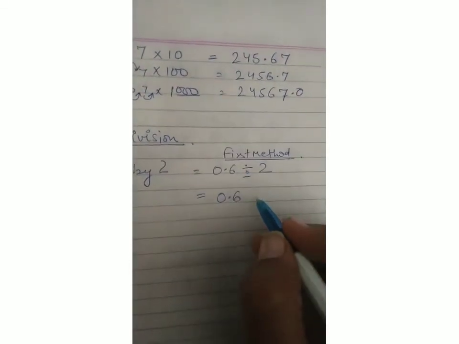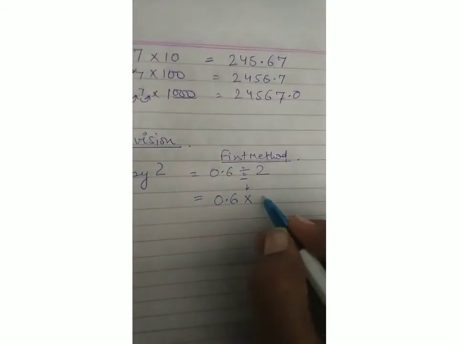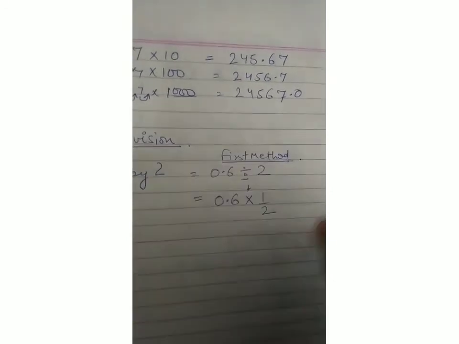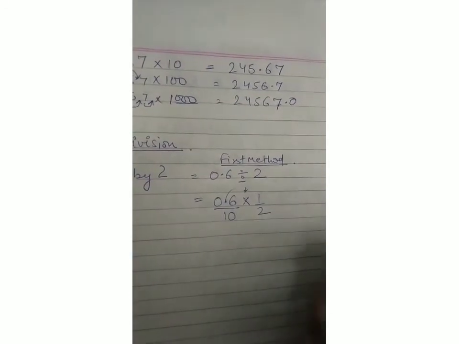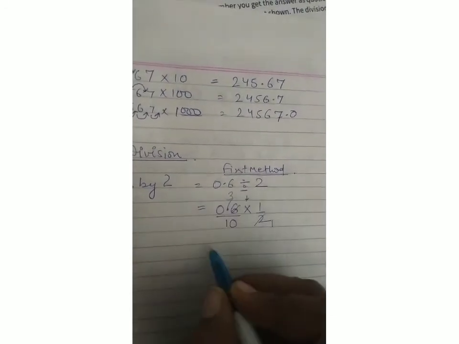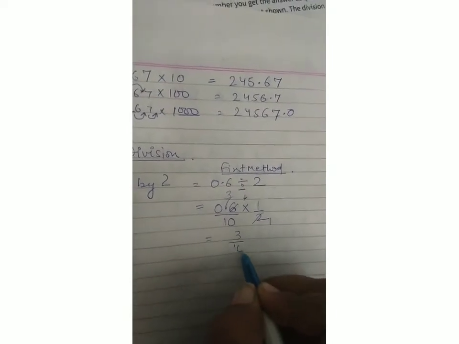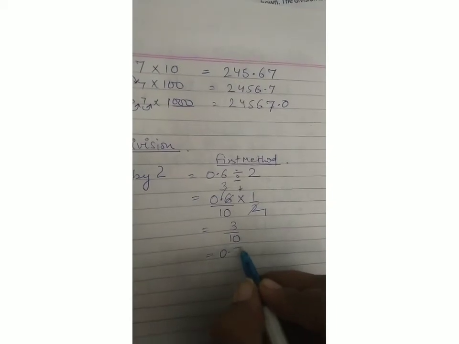You know multiplication and division are inverses of each other. When I convert it into multiplication, 2 will go down and it becomes 1 upon 2. When I remove its decimal, 10 will come over here. Then I can cut these numbers. 2 ones are 2, 2 threes are 6. So my answer will become 3 upon 10, because 1 zero is given over there. So the answer will be 0.3.